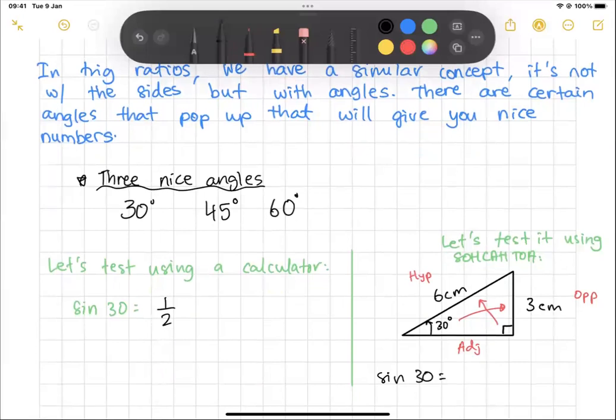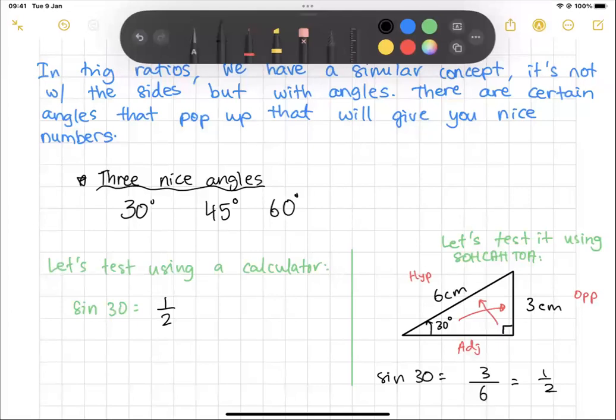We know using SOHCAHTOA, sine is opposite over hypotenuse. So my opposite side, my value for that is 3 over 6. If I were to simplify that even further, somewhat like magic, I get a half. So it works both ways.